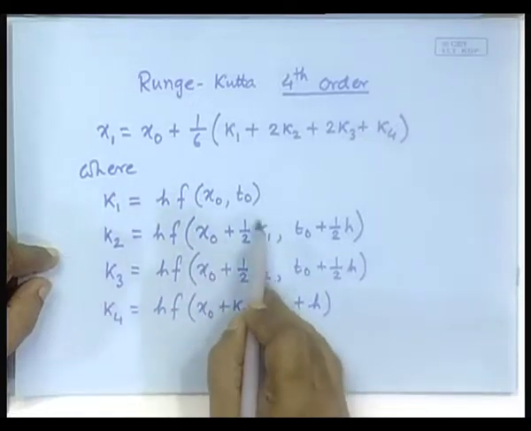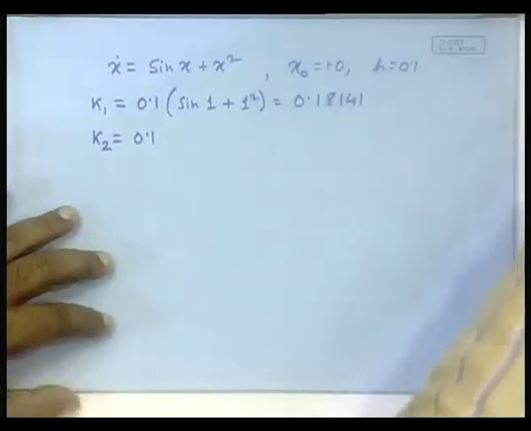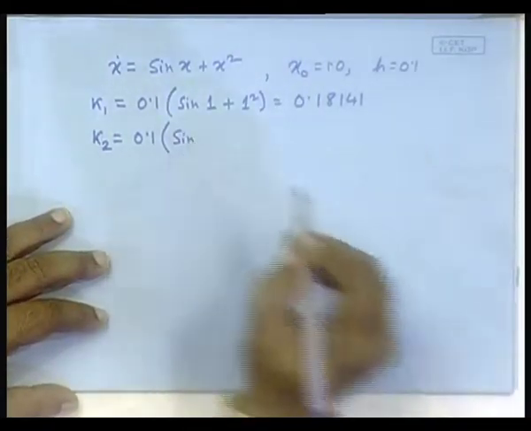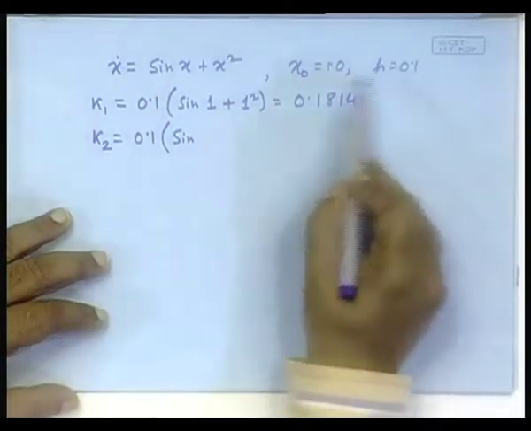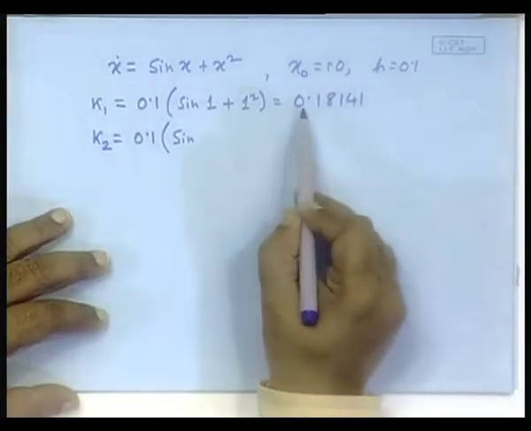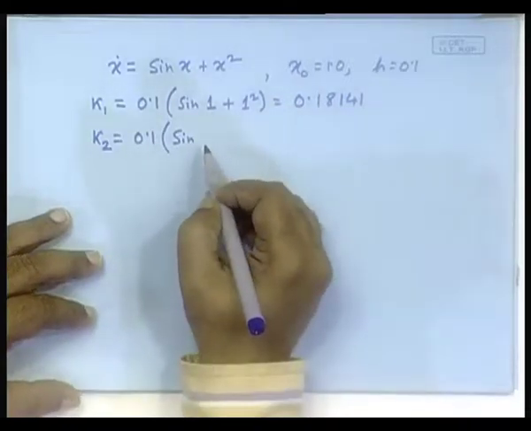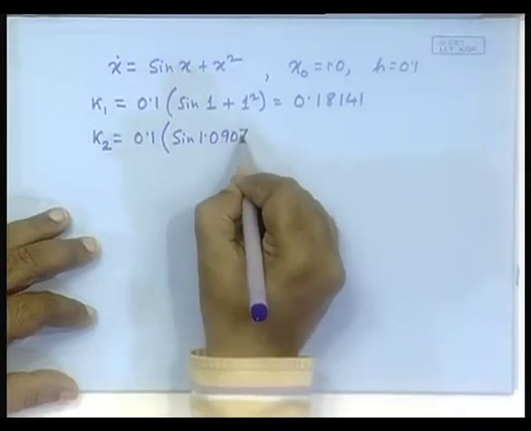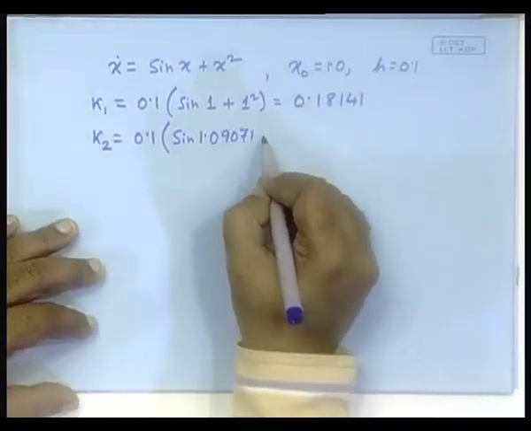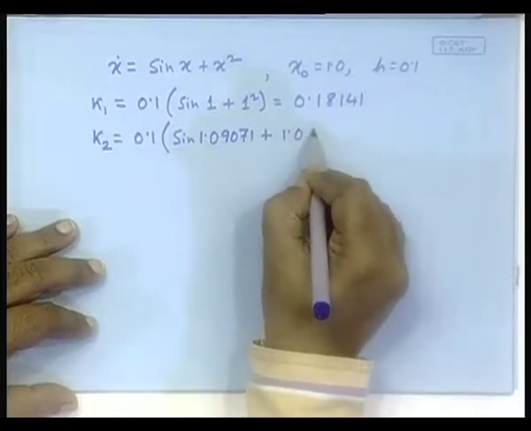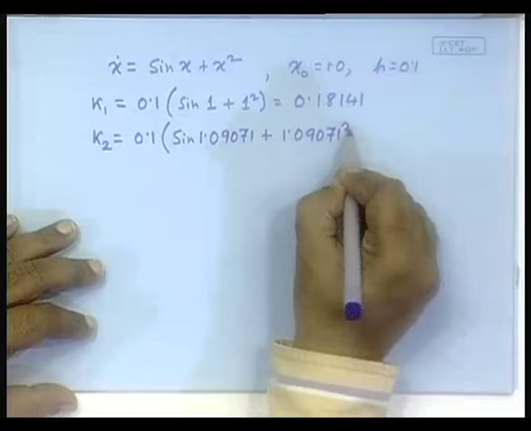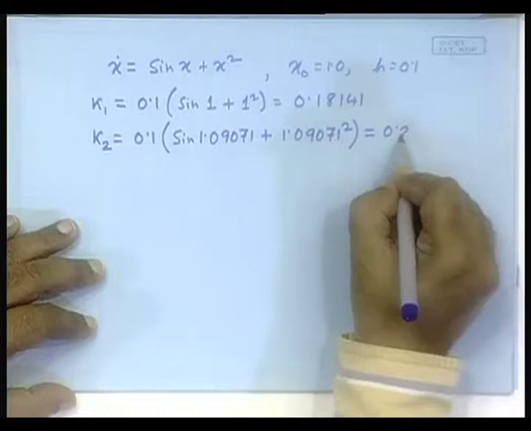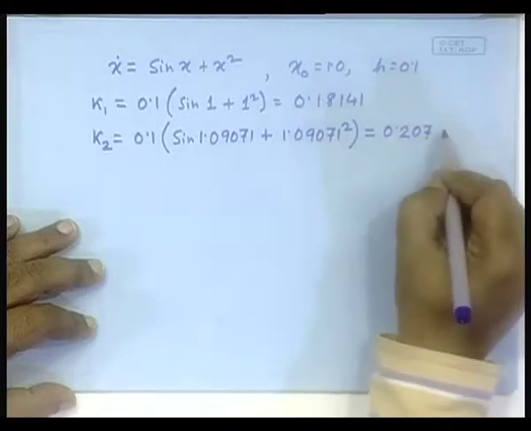So, x naught plus, calculated at that particular point, it would be sine of x naught, which was 1.0, plus half of this, that would be 1.09071, plus 1.09071 square is equal to 0.20766.